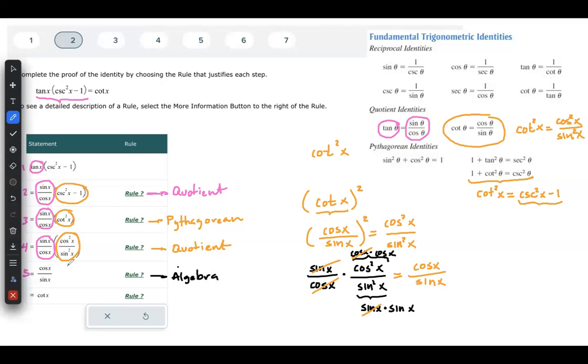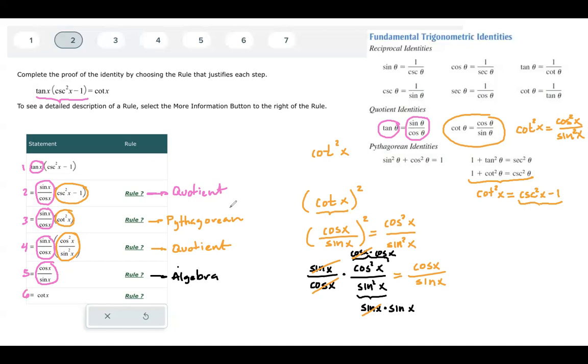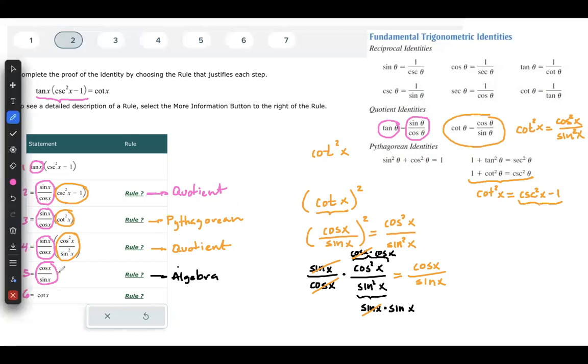Now, from step number 5 to step number 6, it looks like no more canceling, no more simplification. We simply need to turn cosine over sine into cotangent. So cosine over sine is equal to cotangent when you use a quotient identity again.